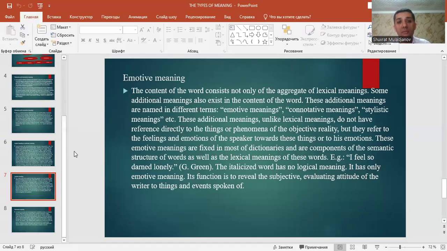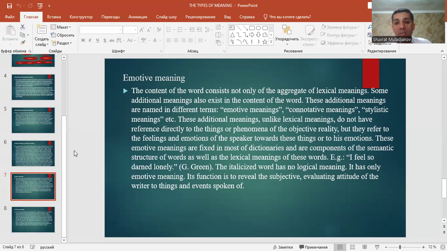In our next type of meaning, we demonstrate the emotive meaning of words. Emotive meaning, or emotiveness, is found in stylistics and in the stylistic connotation of words. Many stylistic devices and expressive means can involve this type of meaning in utterances, like epithets and oxymorons, because emotiveness can be charged with human cognition, psychological cognition, and recognition as well.